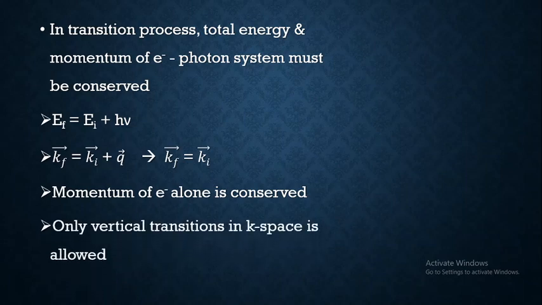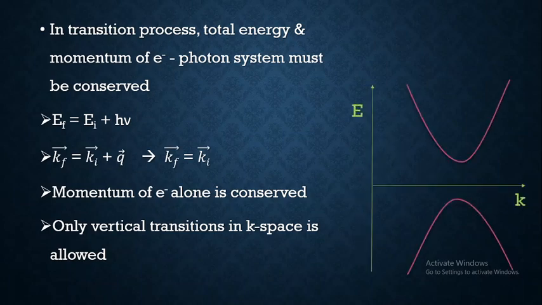So this selection rule says that only vertical transitions of the electron in K space are allowed. There won't be any crosswise transition possible. Let us understand it properly. If you consider again the band diagram, that is the E versus K diagram, energy is not conserved.